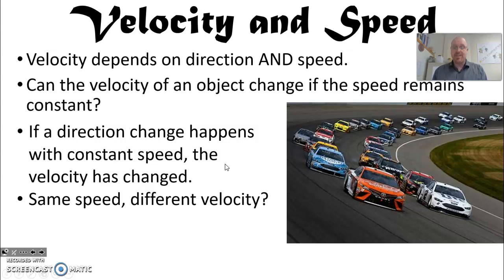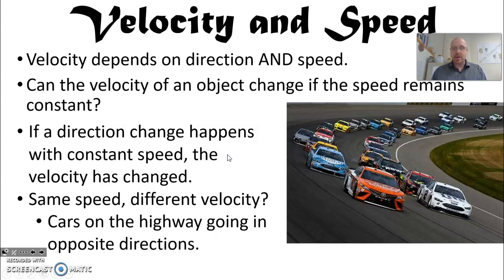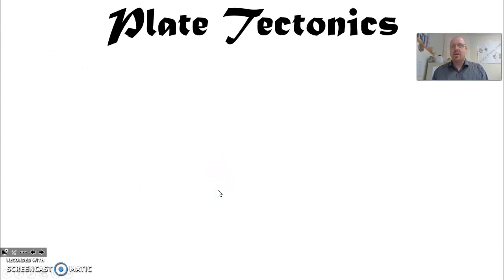So can you have the same speed but a different velocity? You can. Think about cars on the highway going in opposite directions at the same speed, okay? So again, remember velocity is direction and speed. Really important, and the reason I'm hammering this home now is because it really matters, and there might be a quiz question or a test question that comes up.